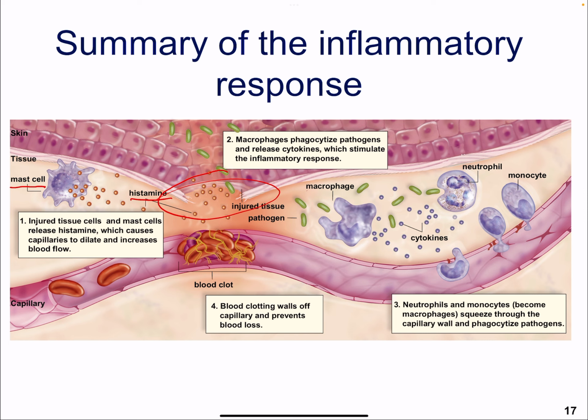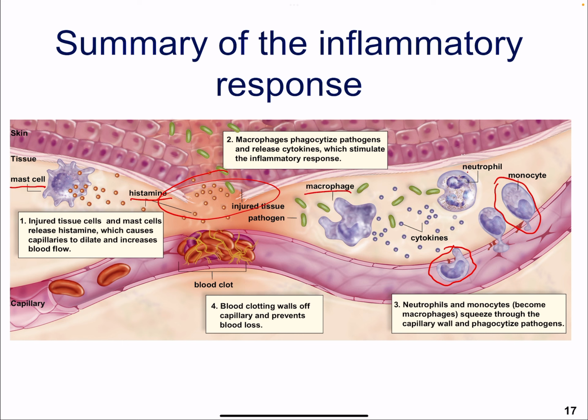Vasodilation. And that vasodilation is going to cause the monocytes to actually leave the bloodstream and end up in the tissues, right?